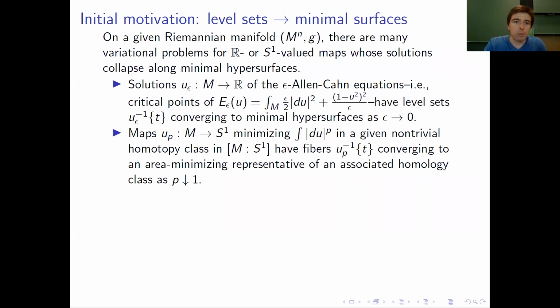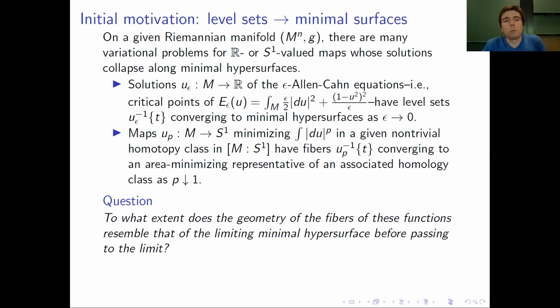But a question that was always at the back of my mind from early on in my PhD was: to what extent does the geometry of these fibers, in some average sense, since you don't expect it for every fiber, resemble that of the limiting minimal hypersurfaces before passing to the limit? Is there any geometric sense in which these things look like minimal hypersurfaces before passing to the limits where they actually coincide with them?